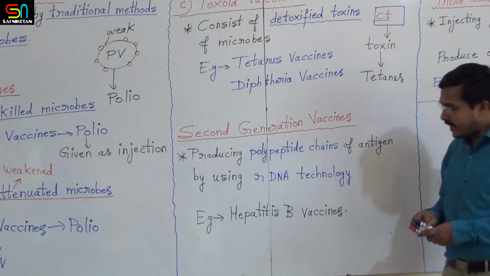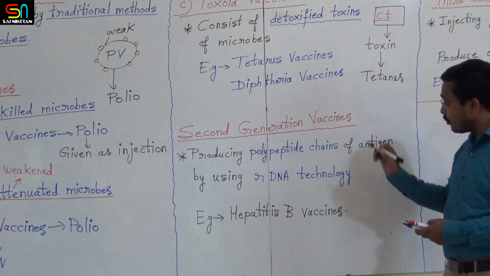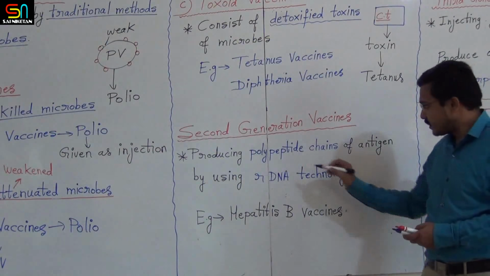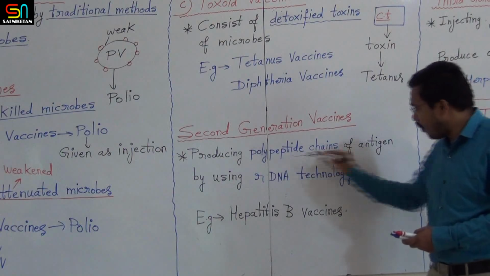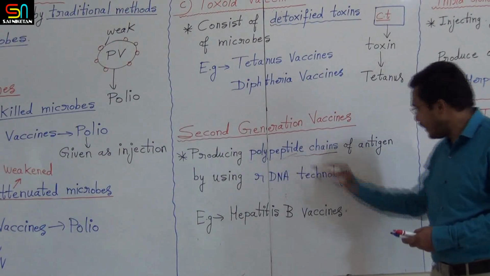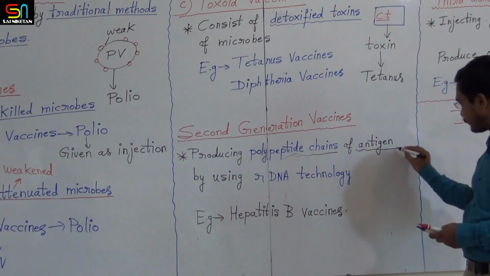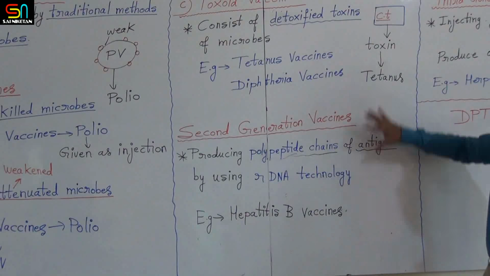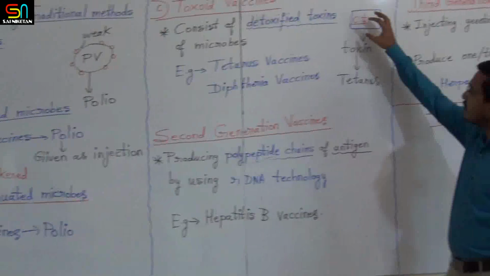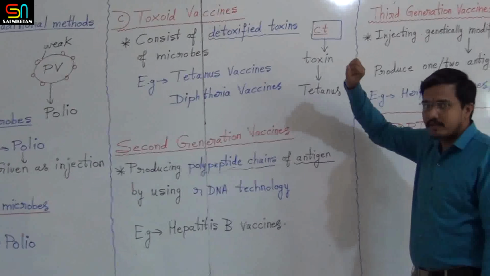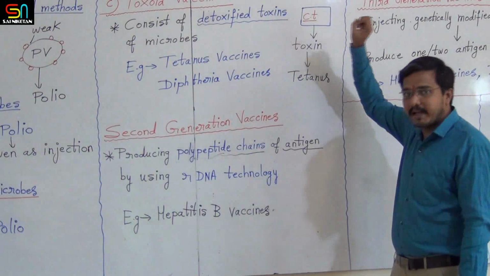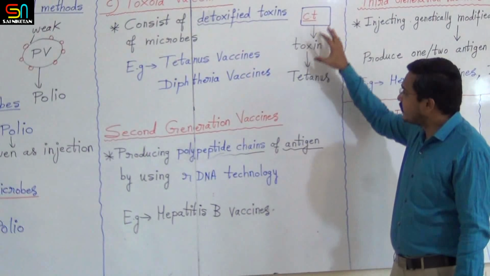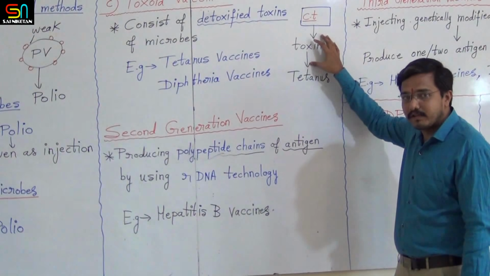Now scientists are able to produce the polypeptide chain of antigen. Initially they were taking pathogens directly, or the antigens of the pathogens, or extracting the toxins of the pathogens.